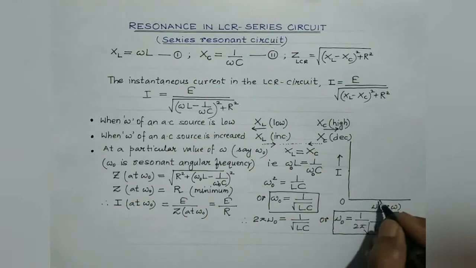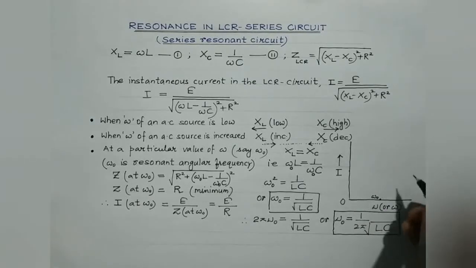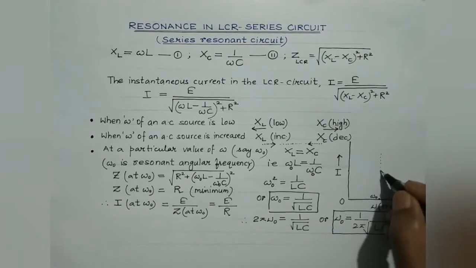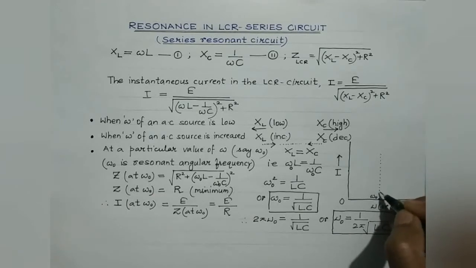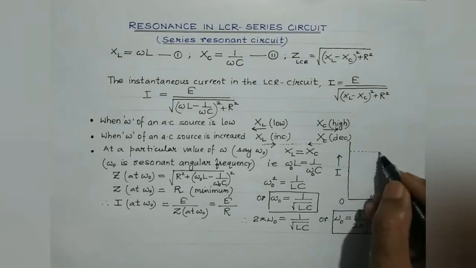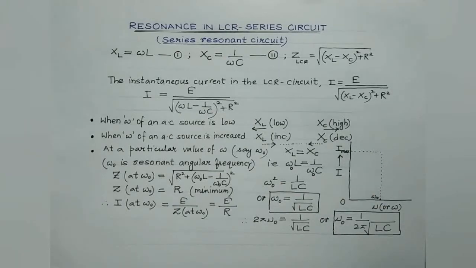Then corresponding to omega naught, which is the resonant angular frequency, the current will attain maximum value. So corresponding to omega equals omega naught, the current will attain maximum value. That is known as the resonant condition in the LCR circuit.